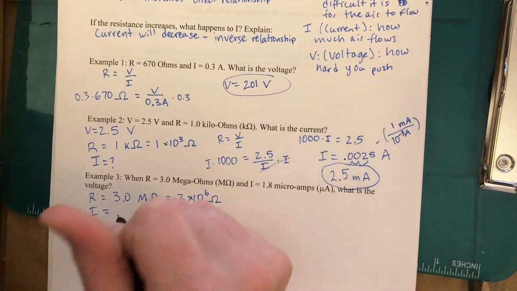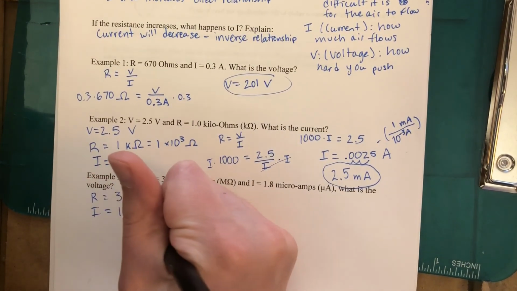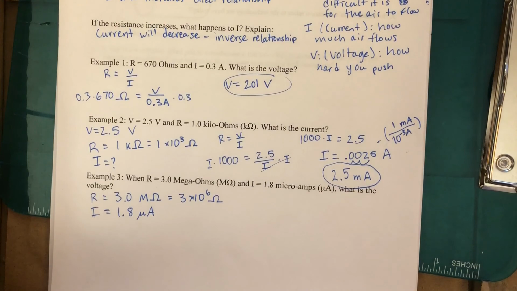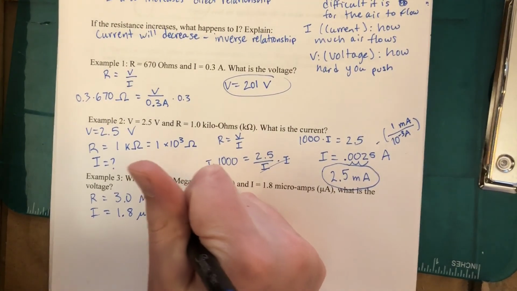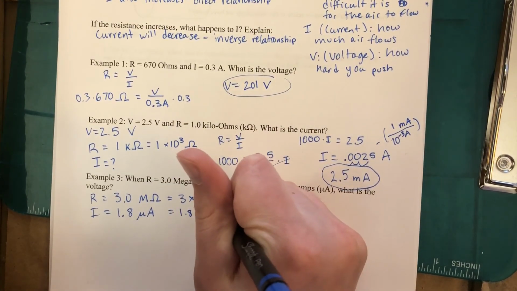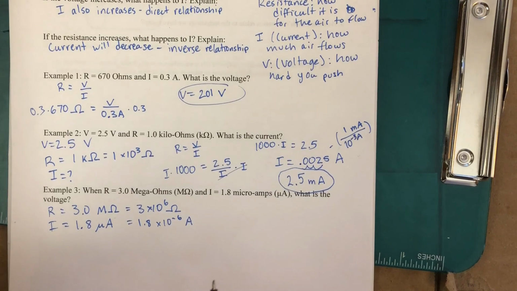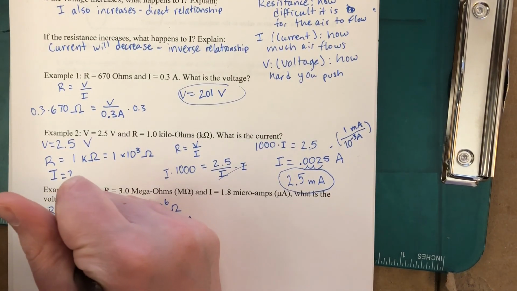I equals 1.8 microamps, and this means 10 to the negative 6. And I'm looking for V.